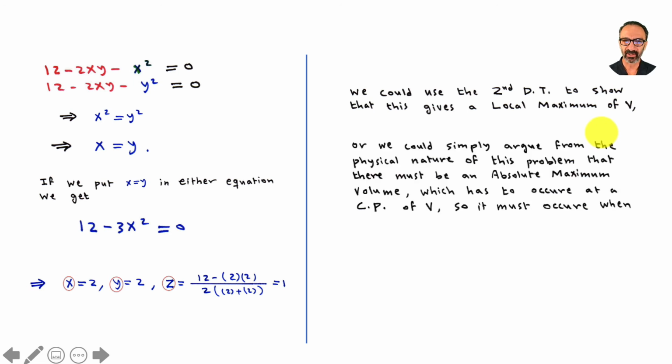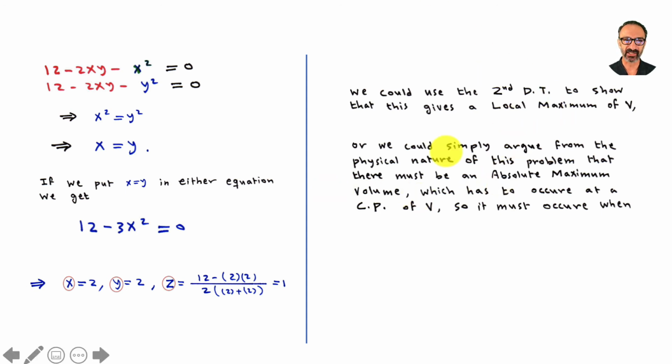Or we could simply argue from the physical nature of this problem that there must be an absolute maximum volume. Of course, if we go the other way around, it's going to be an absolute minimum where there is no box, volume of 0.